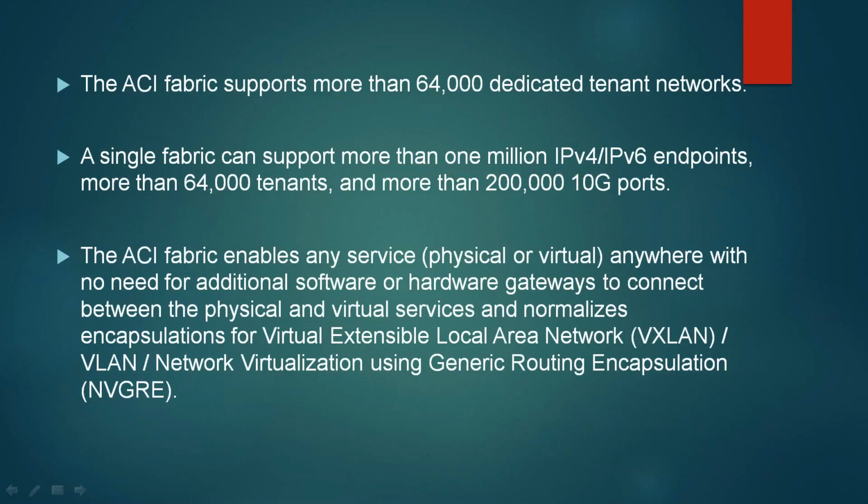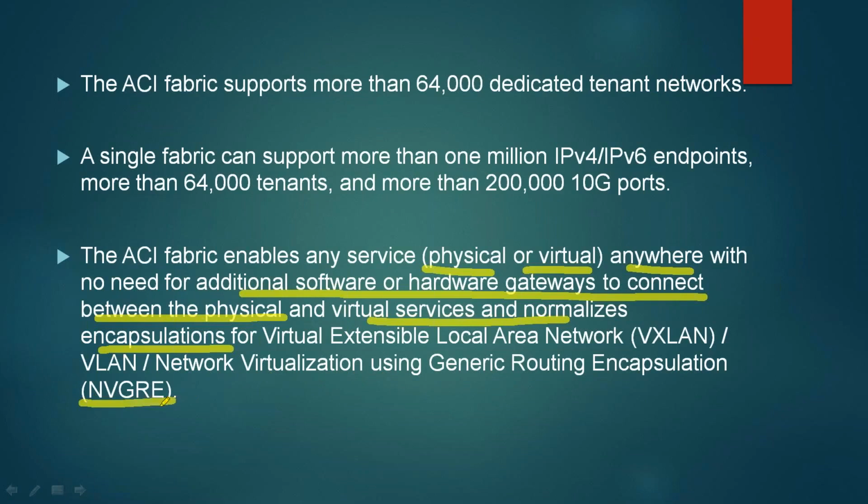Apart from that, the ACI fabric enables any service, either physical or virtual, anywhere, with no need for additional software and hardware gateways to connect the physical and the virtual servers, and it normalizes the encapsulation for VXLAN, VLAN, and Network Virtualization using GRE encapsulation protocol, that is NVGRE.